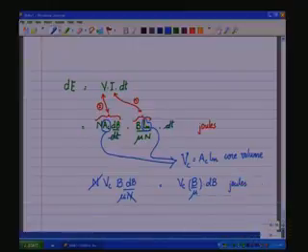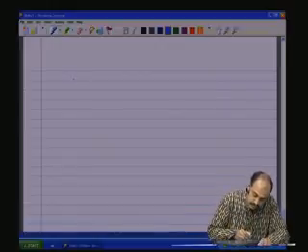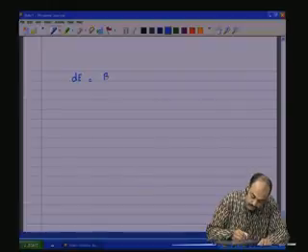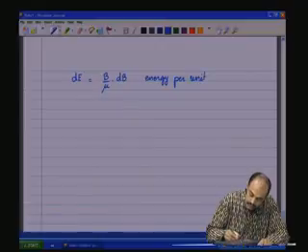This is the instantaneous energy. Now, energy D, which is equal to B by mu into dB, is the energy per unit volume.